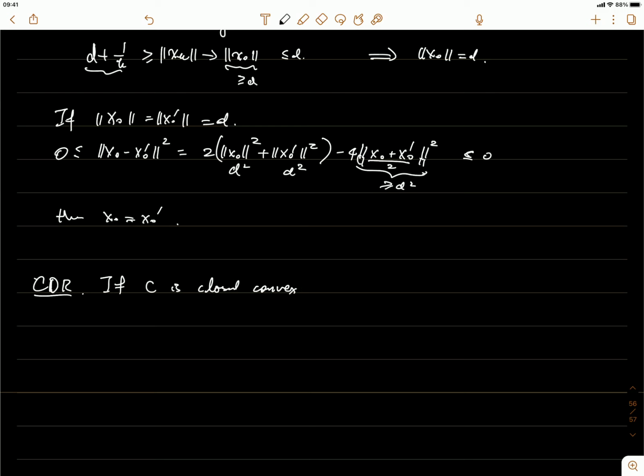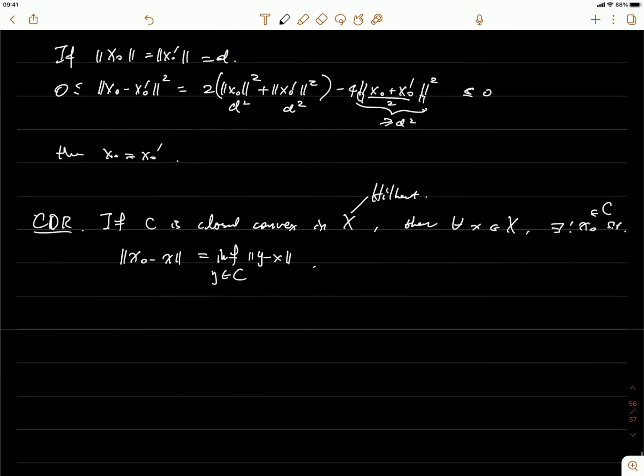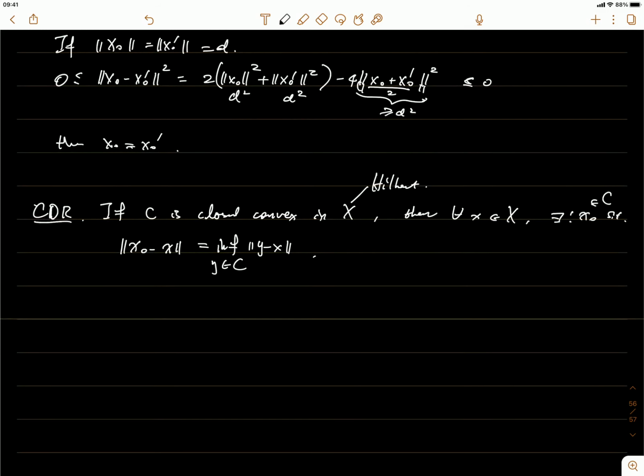Okay? So this shows that if C is closed convex in X, which is a Hilbert space, then for any x of space X, there exists a unique x0 in C such that the norm of x0 minus x is the infimum of the norm of y minus x, where y is from the convex set C. Okay, it simply shifts everything from 0.